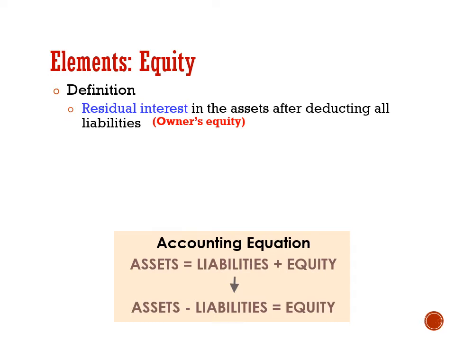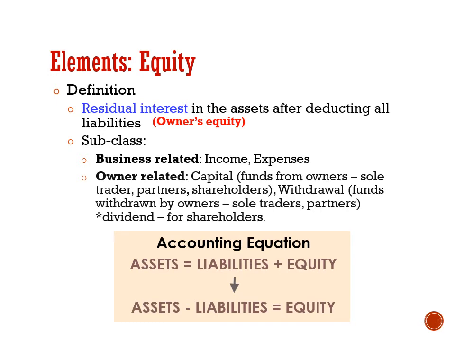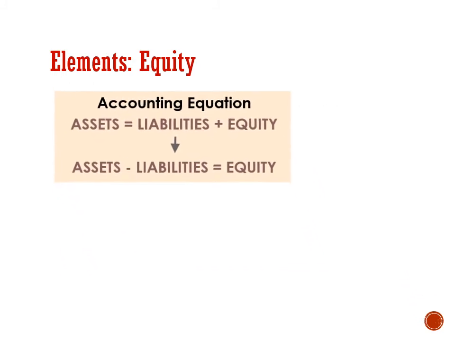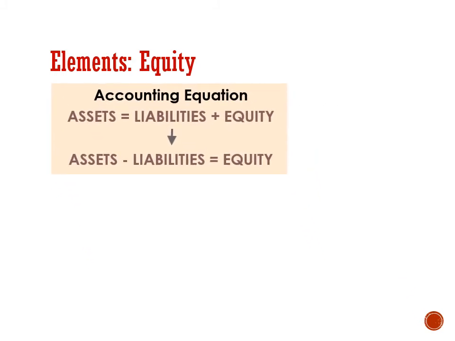or sole trader. Under equity, we have subclasses. Those related to the business, they are income and expense, and those related to owner of the business, that are capital and withdrawal. Like I mentioned earlier, equity is made out of 4 other sub-elements.